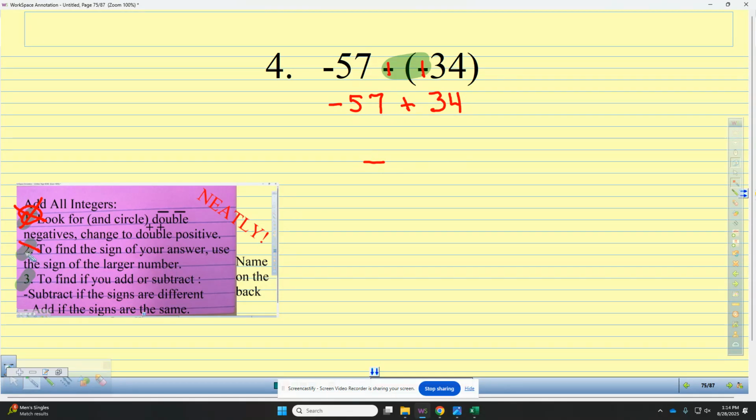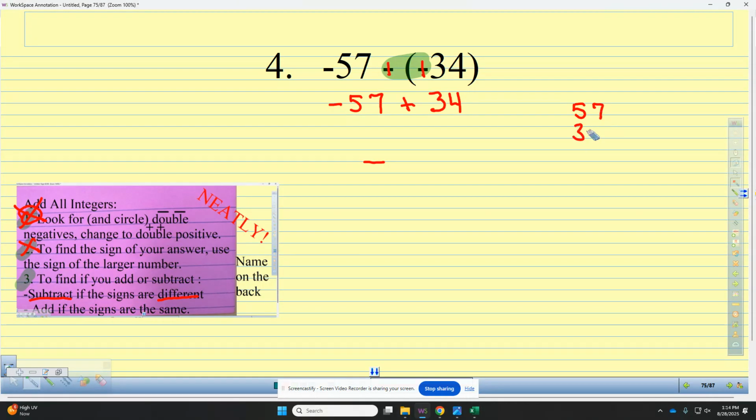So that's done. Step 3, we need to figure out, are we adding these two numbers or are we subtracting them? Well, the signs are different, so if they're different, we subtract. So I'm going to take the larger, the one I have more of, put it on top.